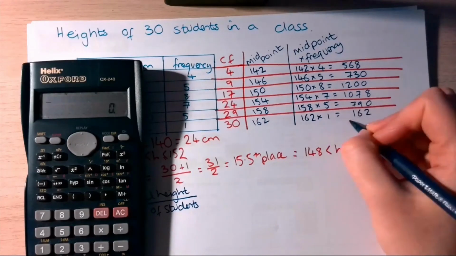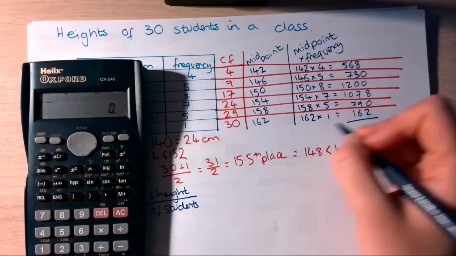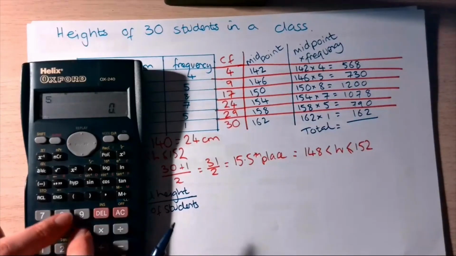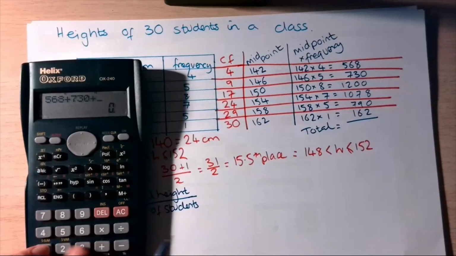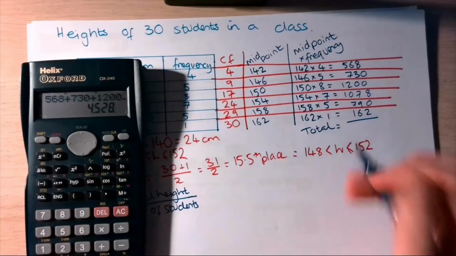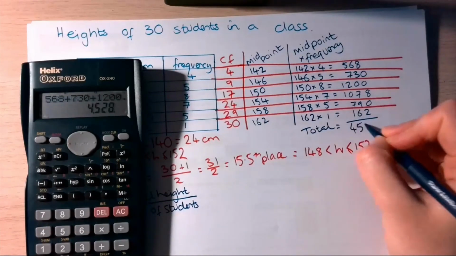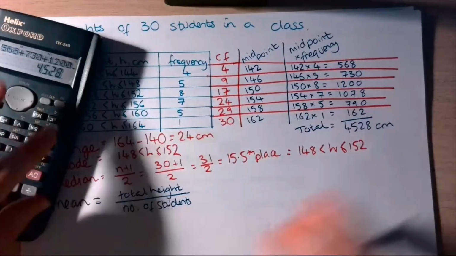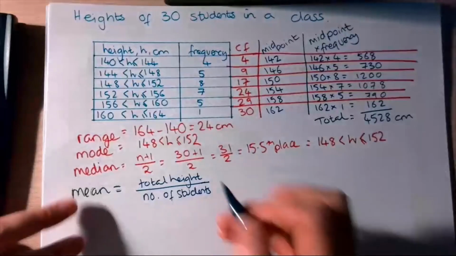Okay, let's add them up together. Total: we get 568 plus 730 plus 1200 plus 1078 plus 790 plus 162. 4528 is our total number of centimetres. I suppose put that on there if you want to remind yourself of the context.